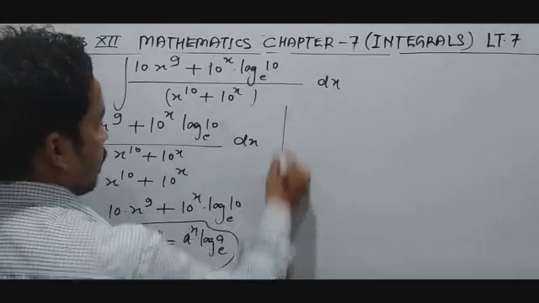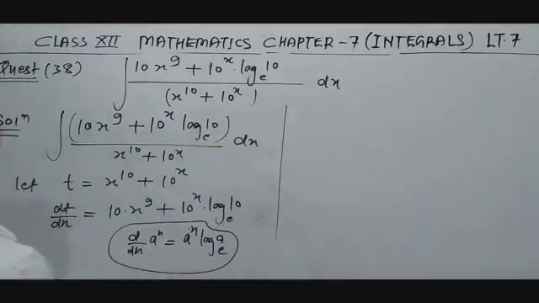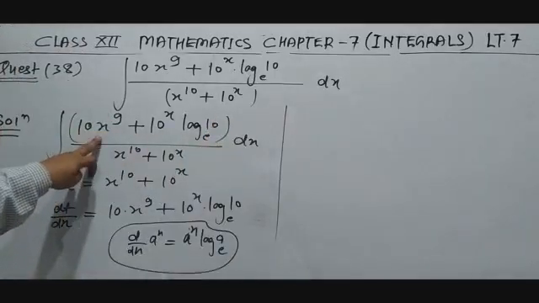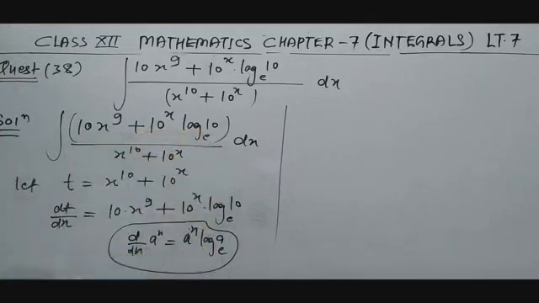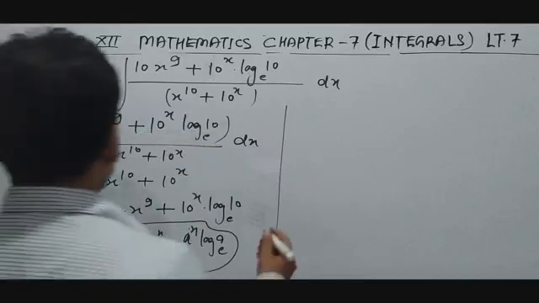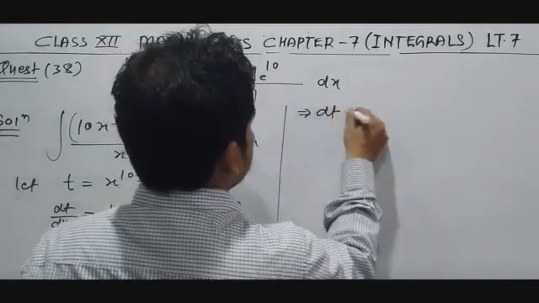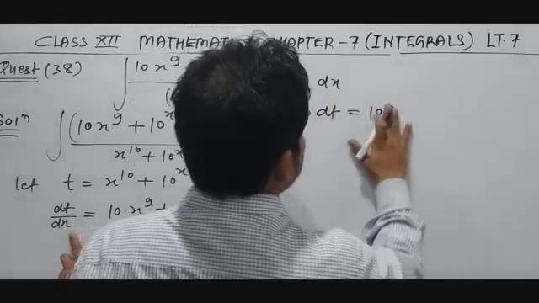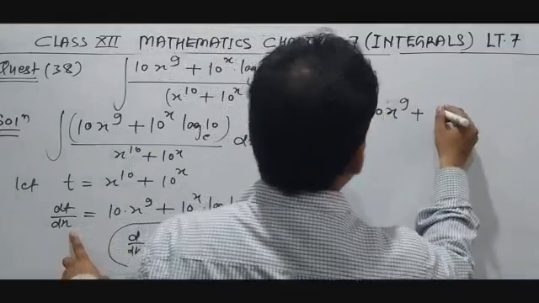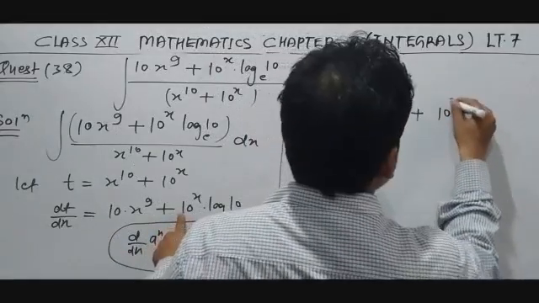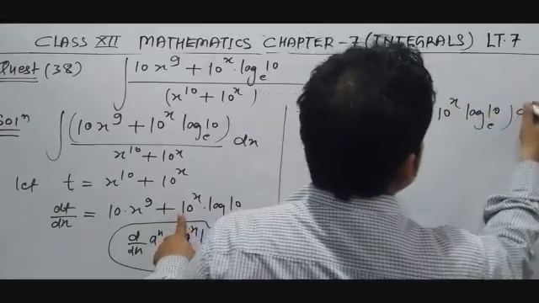So the integration will convert. Supposing this in brackets, 10 times x to the power 9 plus 10 to the power x log of 10 base e dx is dt. This implies dt is 10 times x to the power 9 plus 10 to the power x log of 10 base e dx.